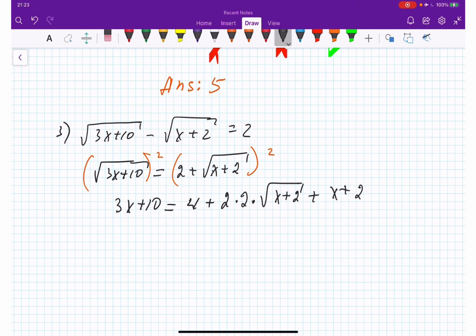Okay, and we are getting 4 times square root x plus 2 plus x plus 2.